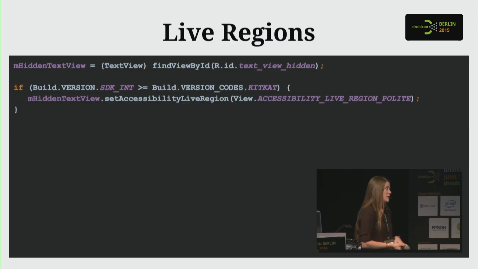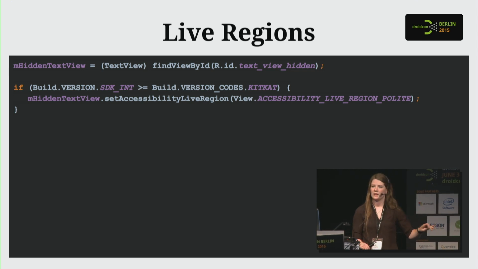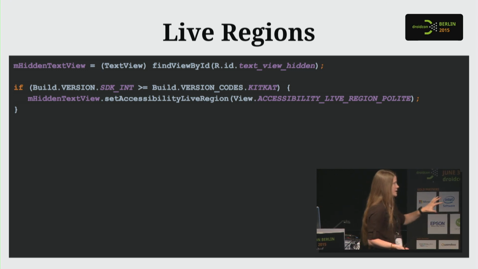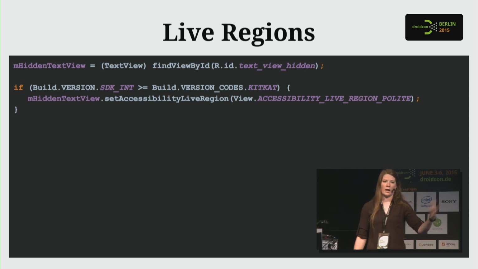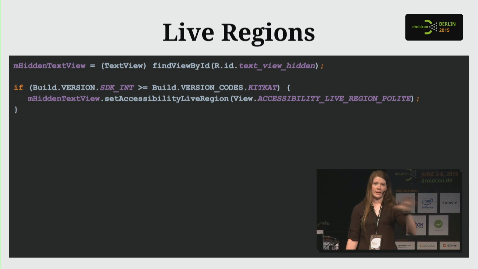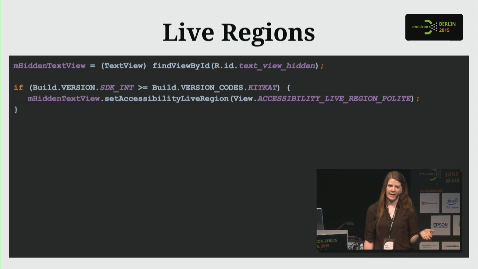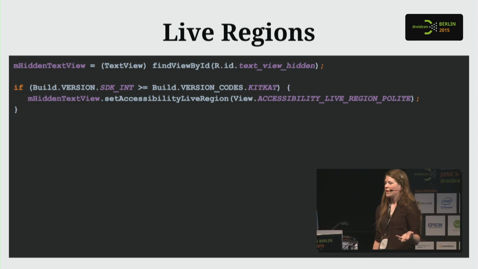So in the Android talk this year at Google I/O, they talked about setting an item as a live region. You can set this as a live region, and then Talkback will automatically update for you if this item changes. So I thought, oh, how cool. It's only supported in KitKat and above, but this sounds awesome.